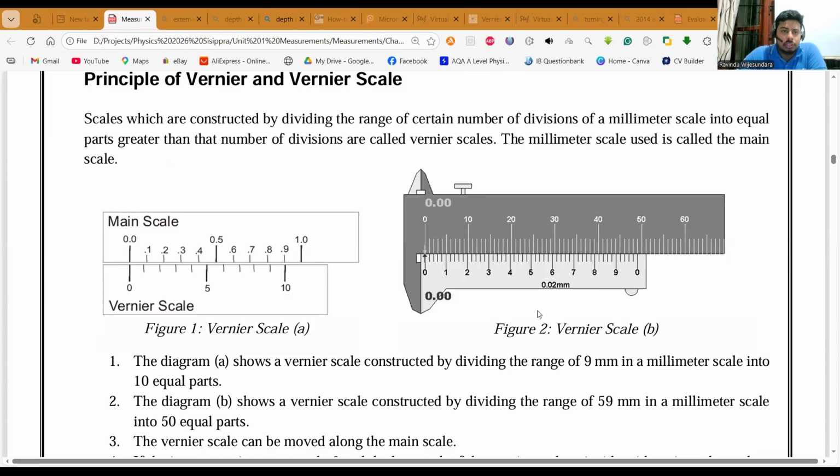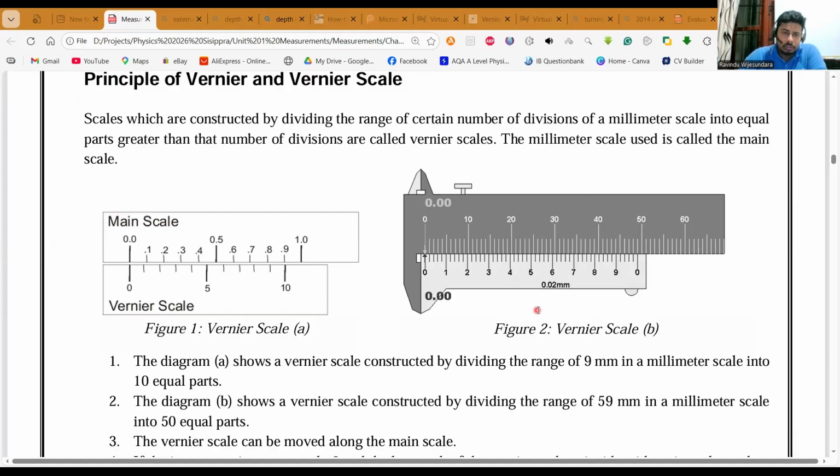Last week we discussed that the least measurement we can take with a meter ruler is a millimeter. So when you measure smaller distances using the meter ruler, the percentage error is much larger. We need a lesser percentage error when taking a measurement.